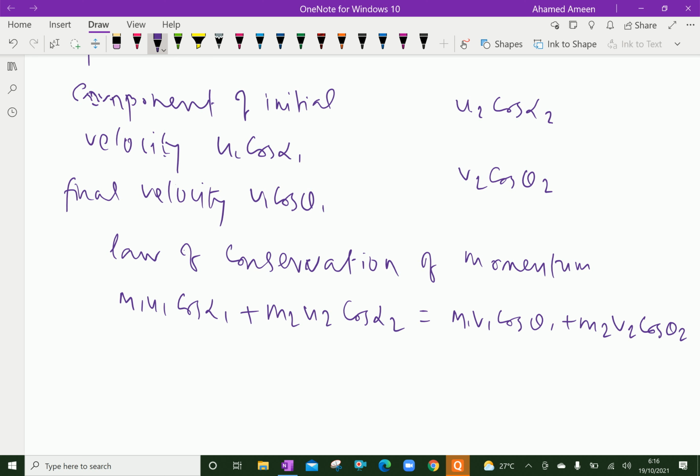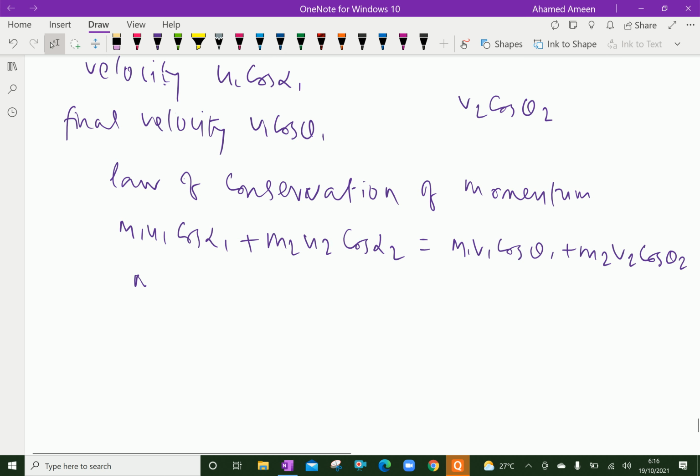Next, Newton's law of collision of elastic bodies.